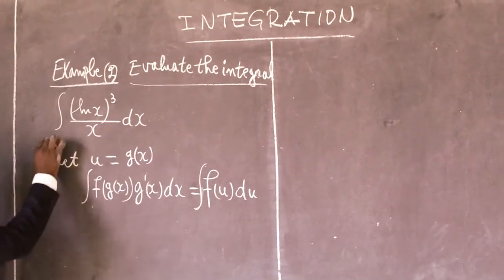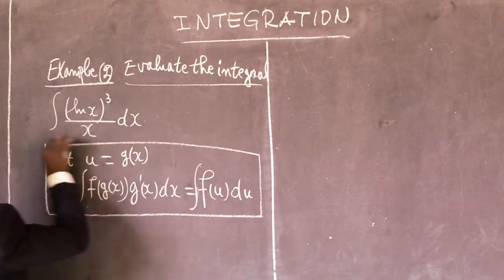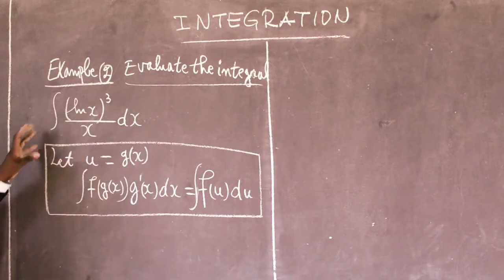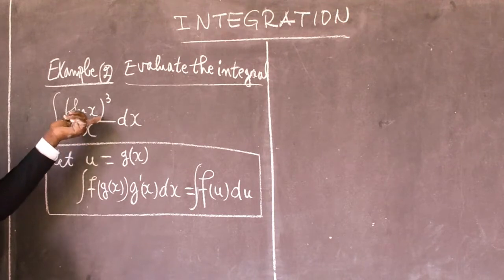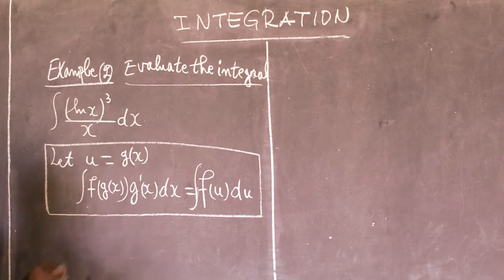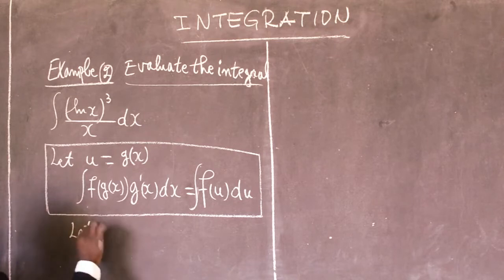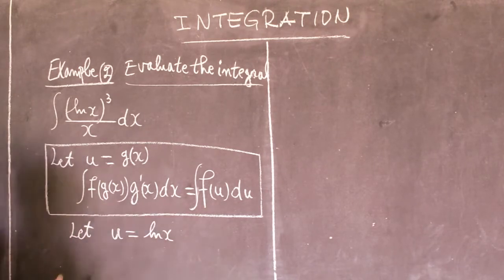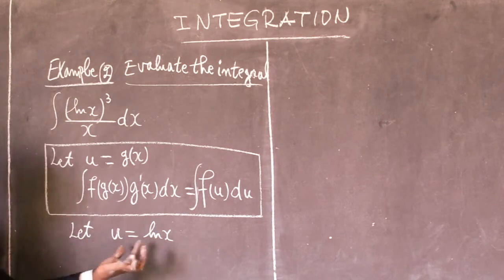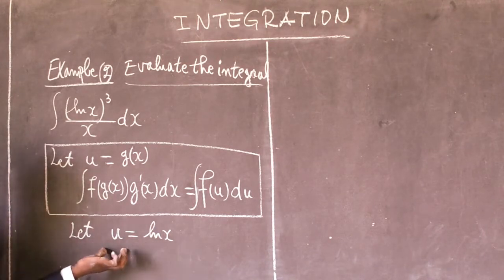Okay? So when we apply this formula for the above integration, we need to assume that ln x equals u. Let u equal ln x. So from here, we need to differentiate both sides.